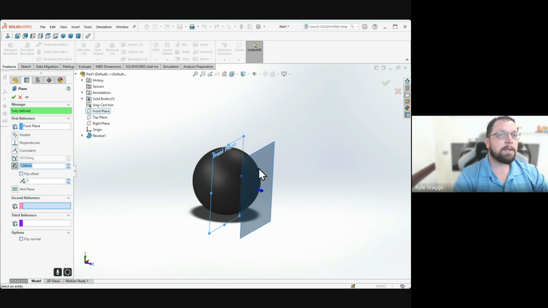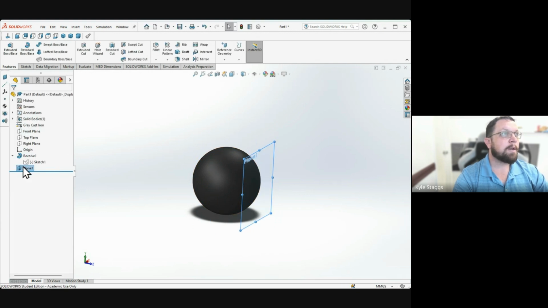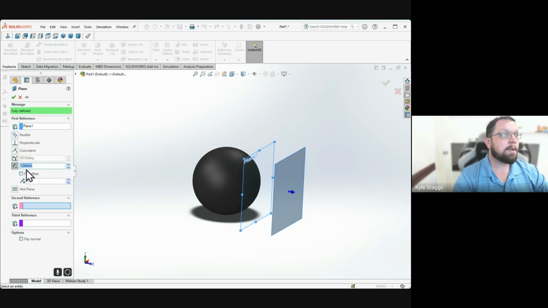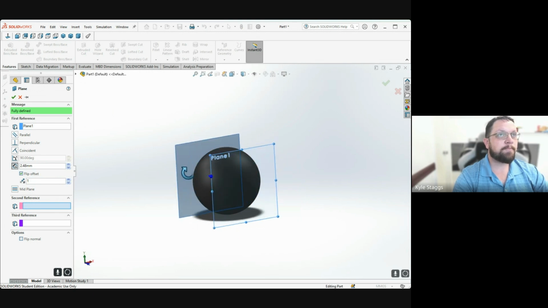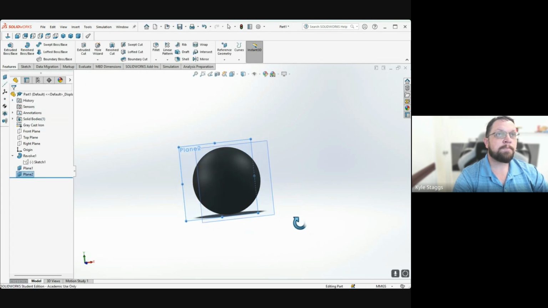I'm going to do one ahead and I'm also going to do one behind. So I'm going to do another reference, but it's going to be flipped offset, 2.48, to get the other atoms where we need them to be.